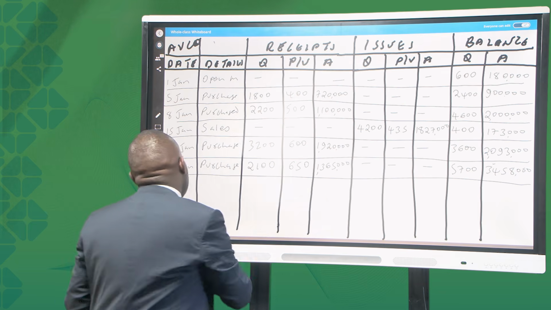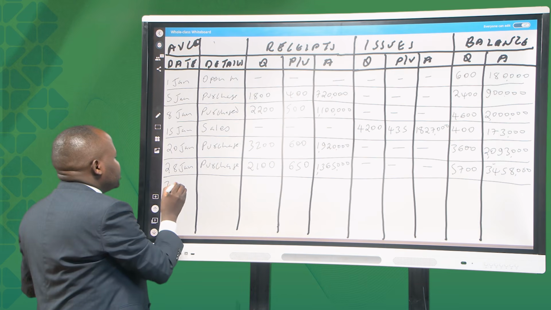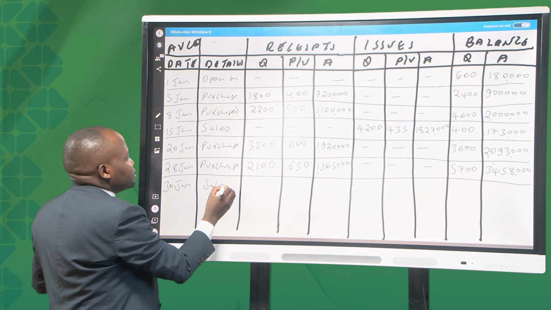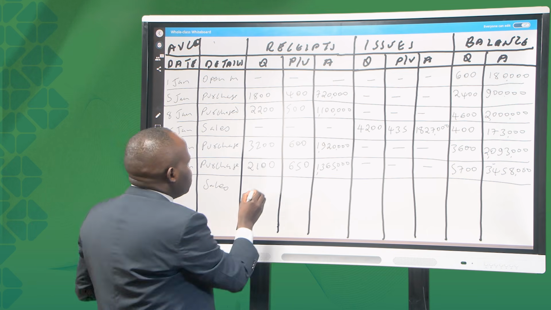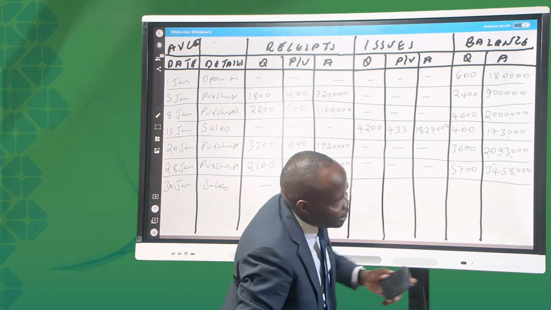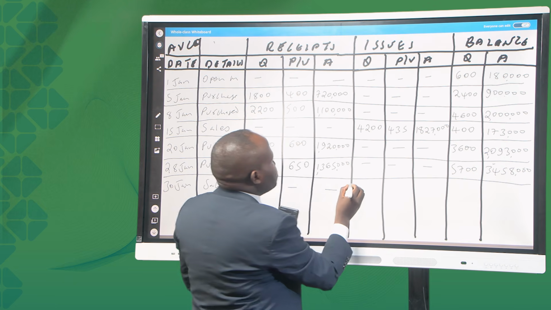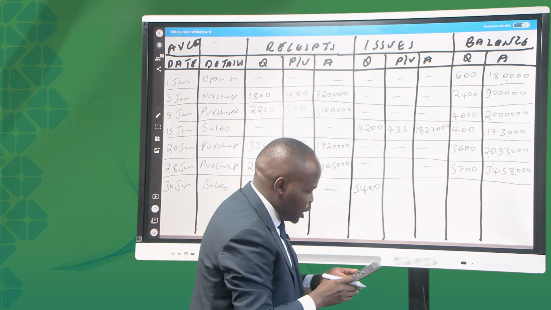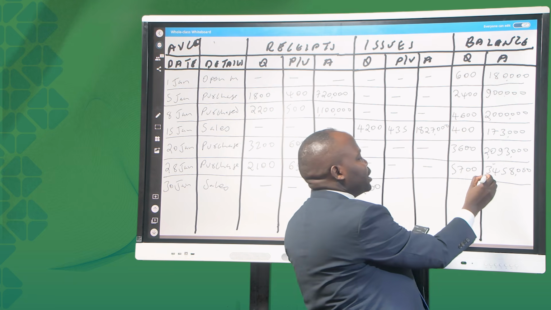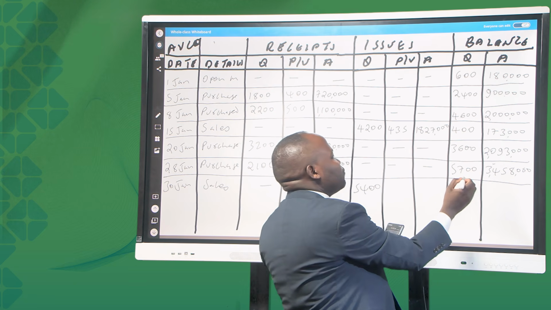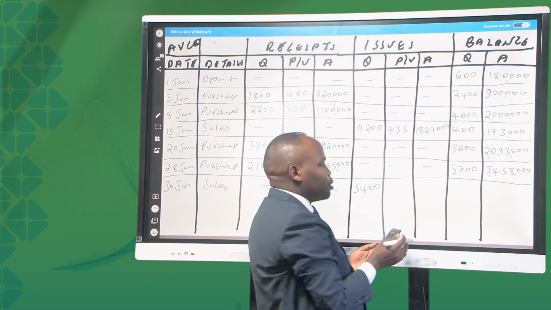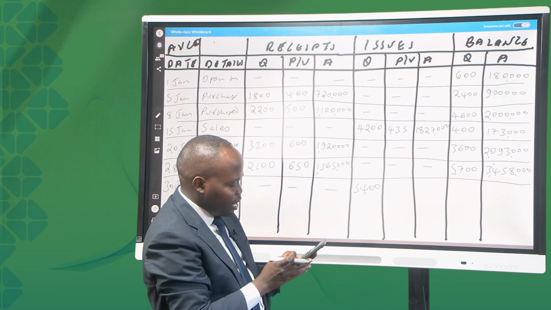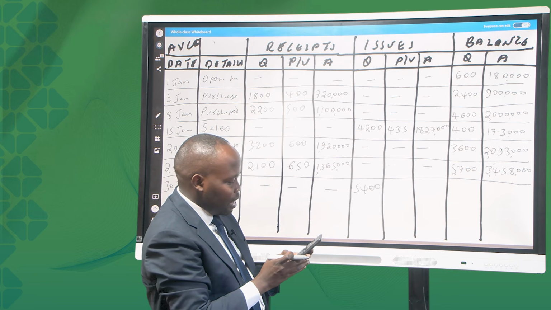And finally, on 30th January, we sold 5,400. And we agreed on how to calculate the issue price: the amount just before the issue date divided by the quantity balance, 5,700.